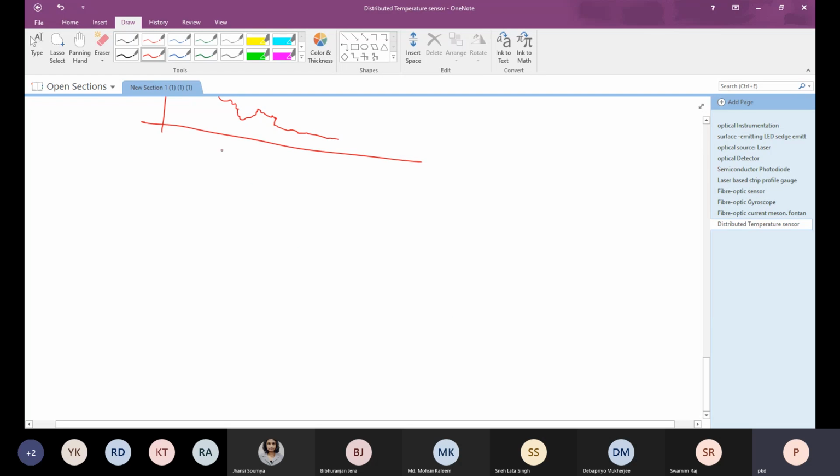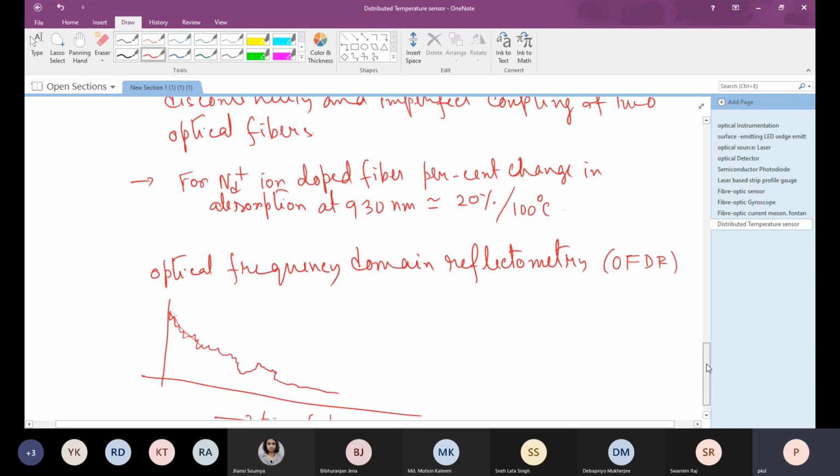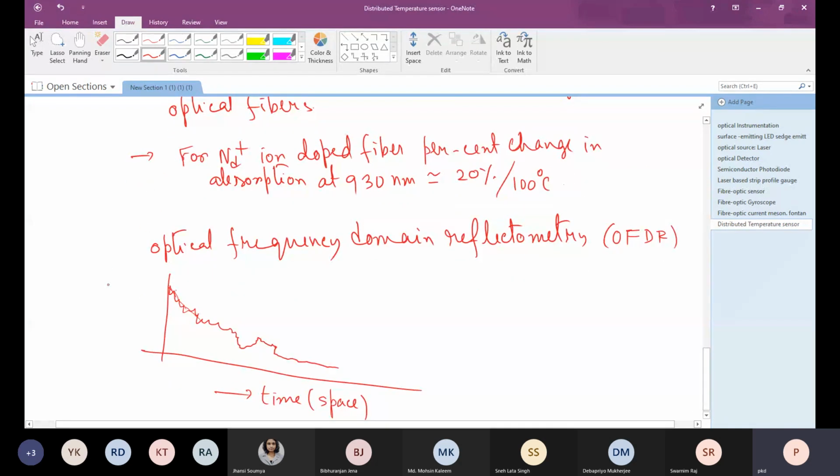But if there is some change, so this is like time or space, and loss. We can make it in dB. This would be relative loss in dB.